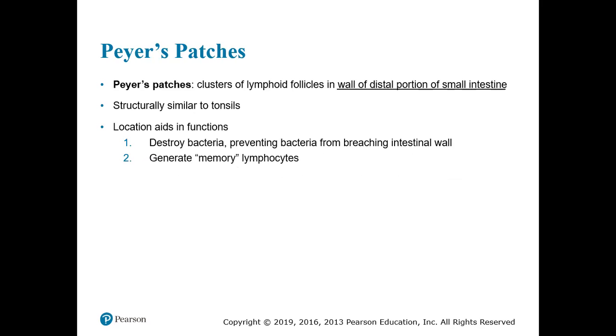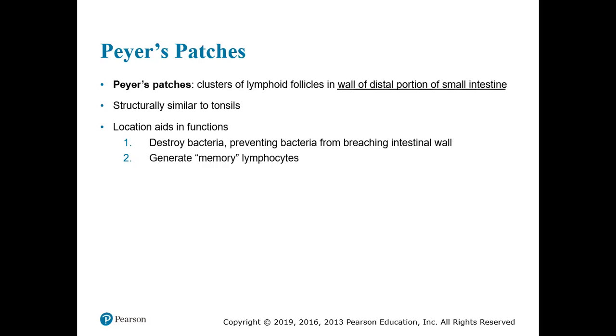So Peyer's patches, what is it? Clusters of lymphoid follicles in the wall of the distal portion of the small intestine. When you think Peyer's patches, you should just be thinking small intestine walls. What are the functions?